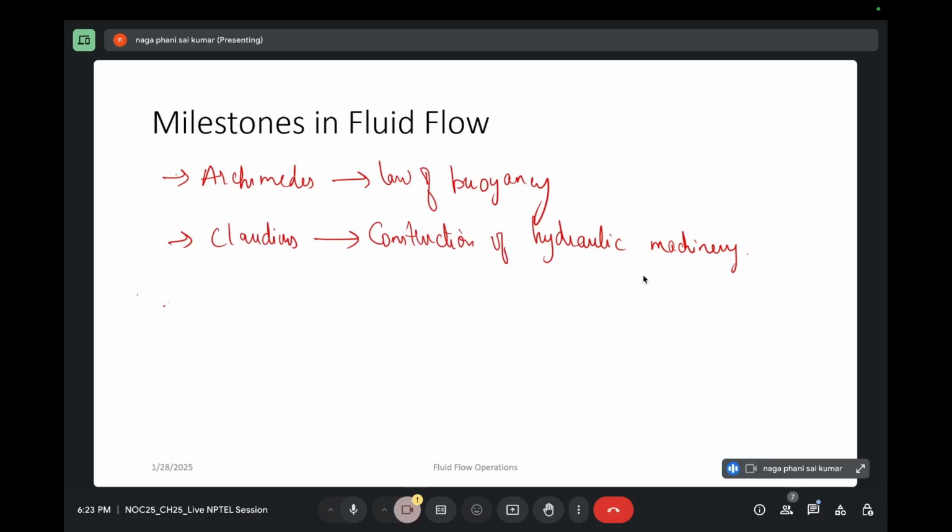And then we have two scientists who constructed the siphon tube and forcing pump.